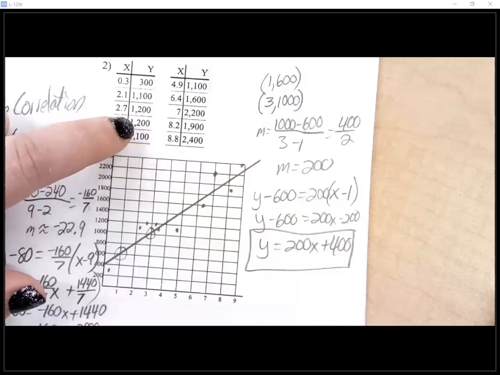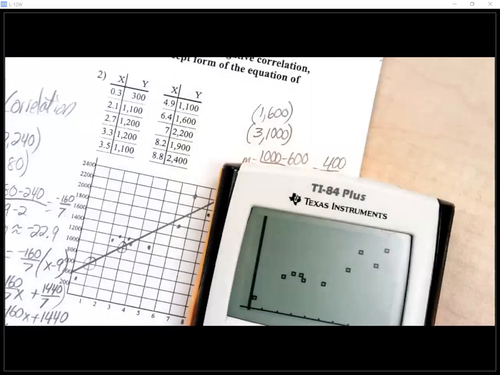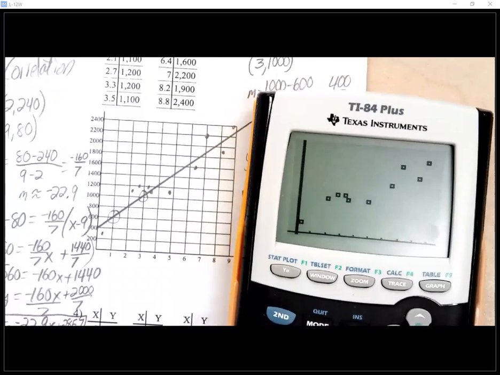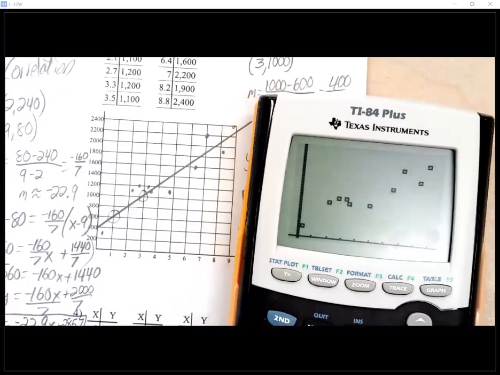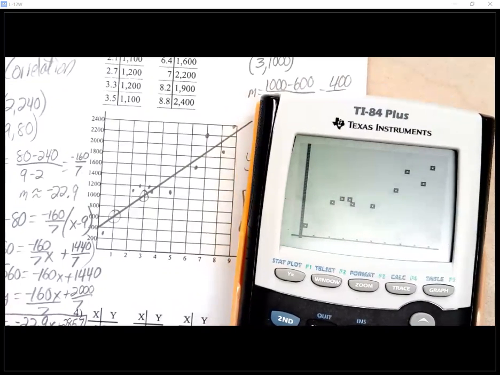Okay, so here is my data points on the graphing calculator. Now I want the calculator to run the best fit line, so it'll run it perfectly. Now I just gotta remember how to do that.